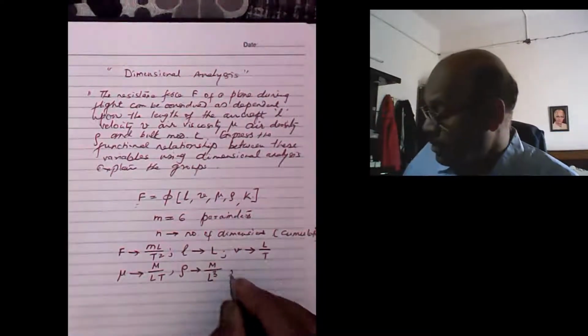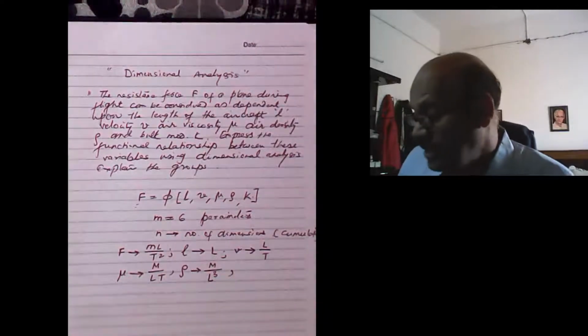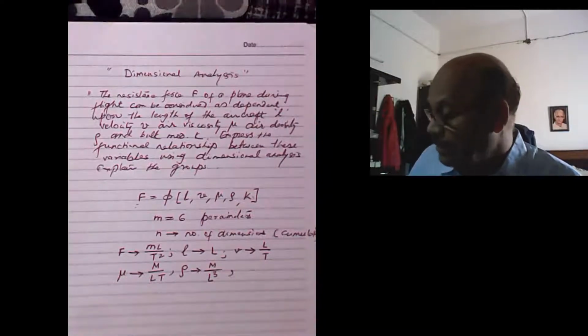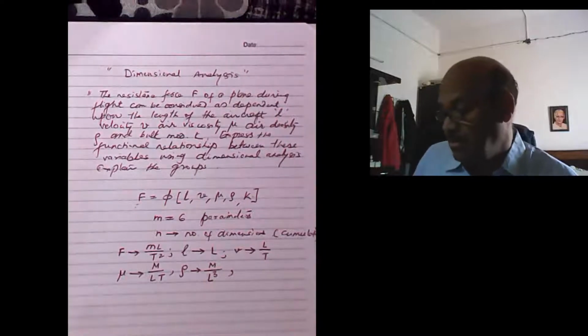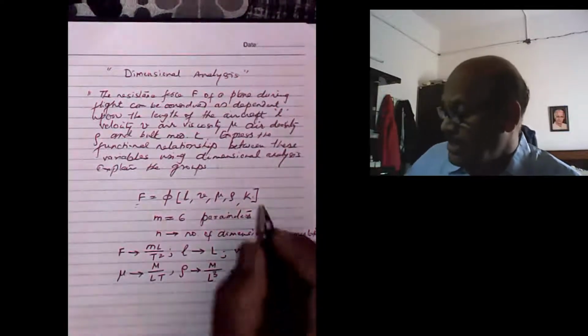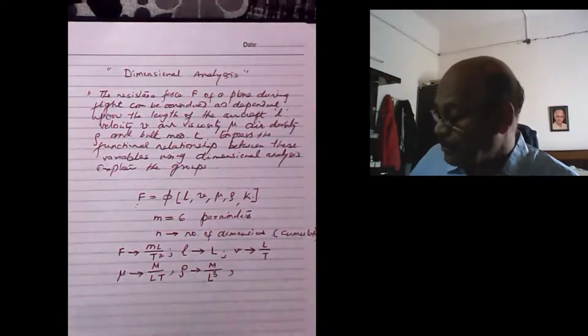And K, the bulk modulus of elasticity, is defined as pressure upon volumetric strain. Volumetric strain is dimensionless, so K has the dimension of pressure. Pressure means force upon area.